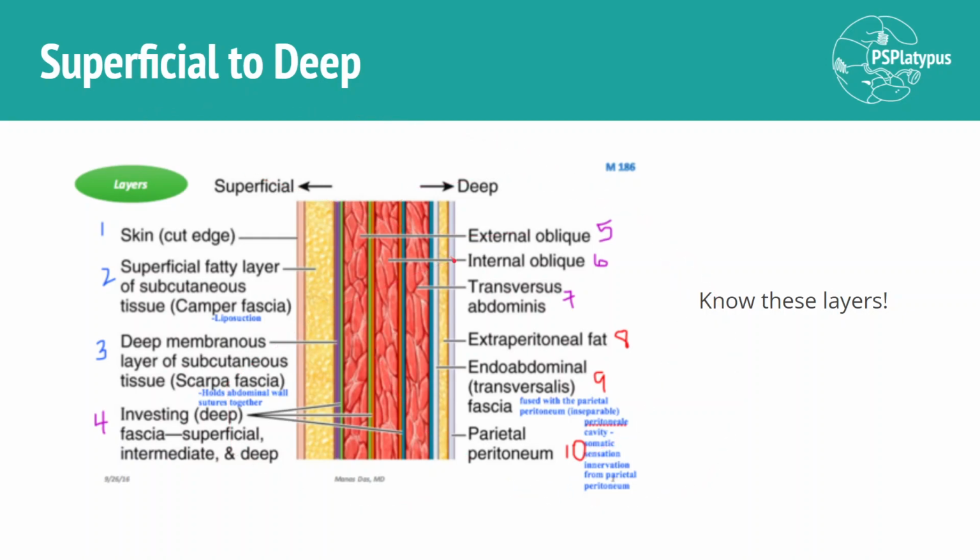Here's a quick run through. So skin, then we've got subcutaneous tissue. We have two layers: one is called Camper's fascia, one's called Scarpa's fascia. Then we've got muscles, and in between those muscles we have investing fascia, or deep fascia: external oblique, internal oblique, transversus abdominis.